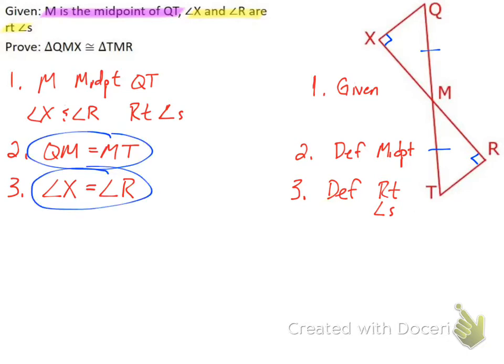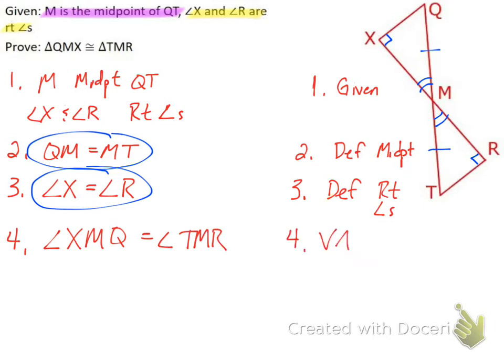Looking at my picture, it looks like an hourglass, so I'm going to have vertical angles. Again, name them like I draw them, with the vertex in the middle. So angle XMQ is equal to angle TMR by vertical angle theorem. There's my third thing that's equal.